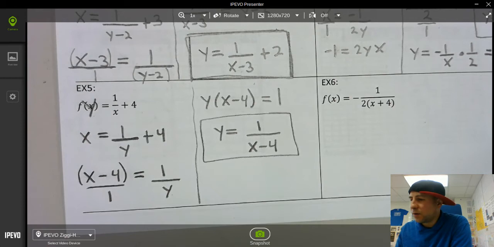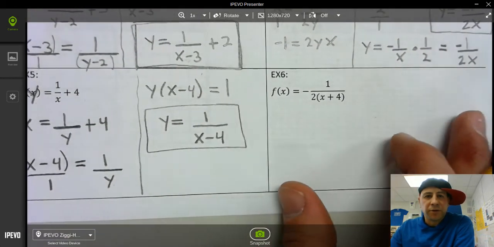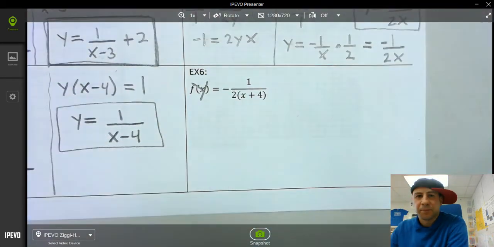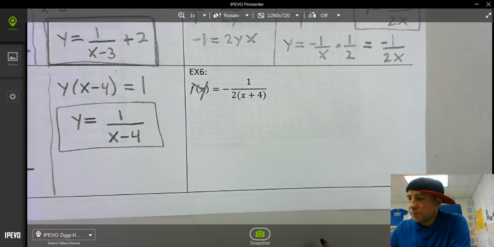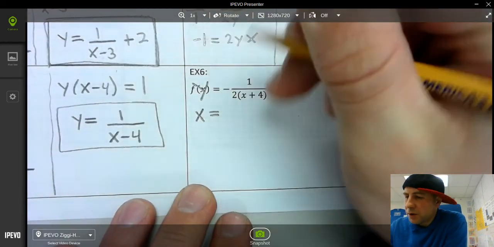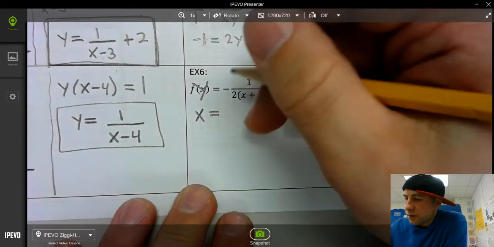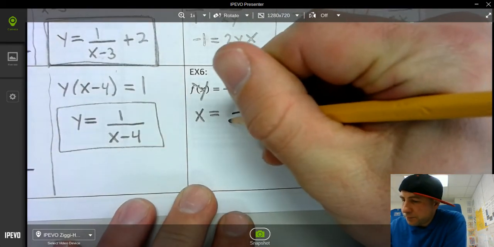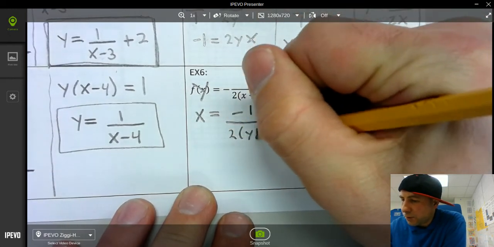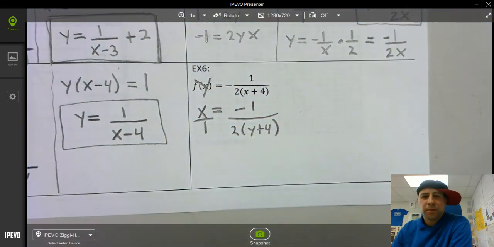All right. Last one. All right, so let's look at example 6. So you're going to change f of x to y, and then switch x and y. So you get x equals negative 1 divided by 2 parentheses y plus 4.